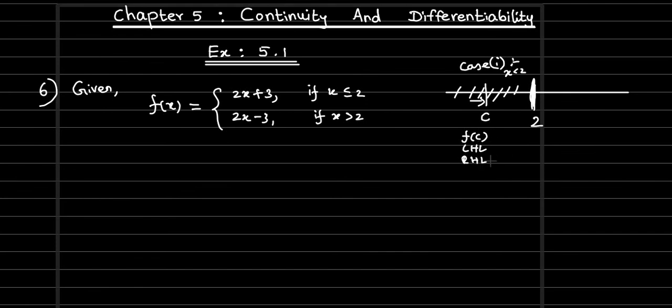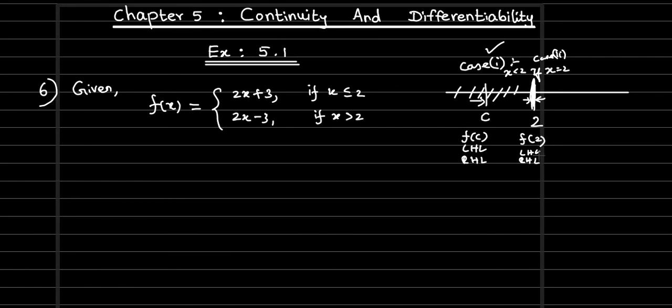If all these three things coincide, then we can say the given function is continuous if x is less than 2. In case 2, x is exactly 2, so we find f of 2, the left hand limit at 2, and the right hand limit at 2.